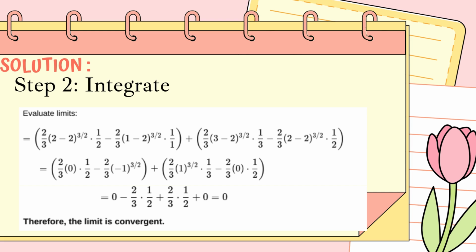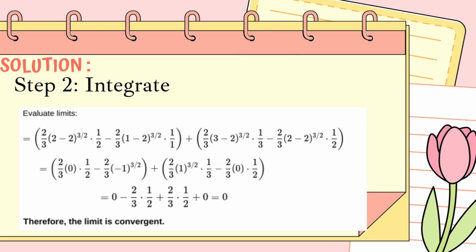That is equal to 2 thirds times 0, since 2 minus 2 is 0. Then 1 minus 2 is negative 1, and 3 minus 2 is 1, so we have 2 thirds times 1 raised to the power of 3 halves times 1 third.